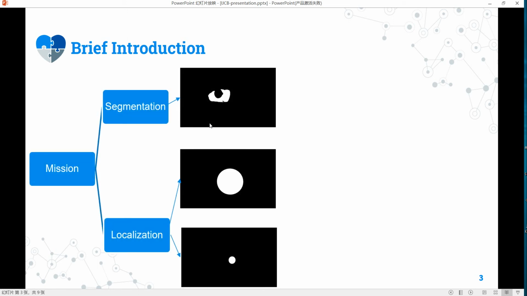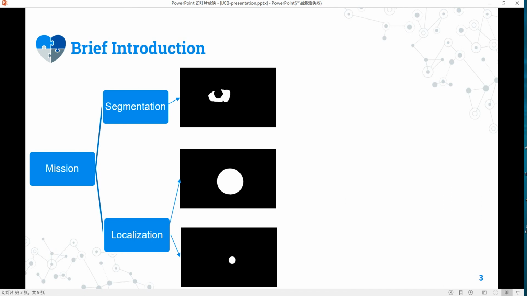Now, there are actually two tasks in this competition. One is iris segmentation, and the other is eye positioning. In our method, we treat human eye position as a segmentation task.